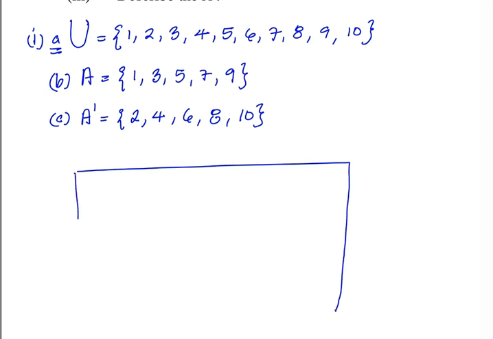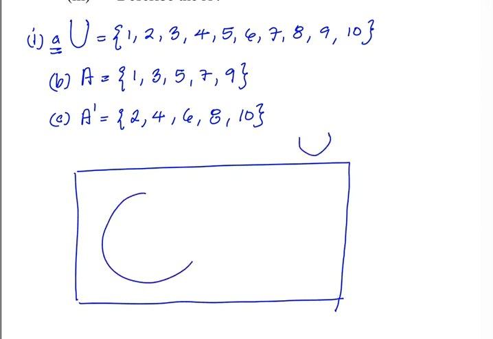So I have my universal set represented by a rectangle, U. Inside U, we have the set A. And inside A, we have 1, 3, 5, 7, and 9. Outside A, we have 2, 4, 6, 8, and 10.